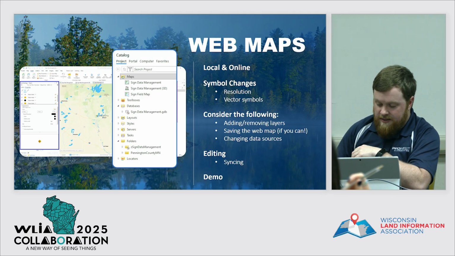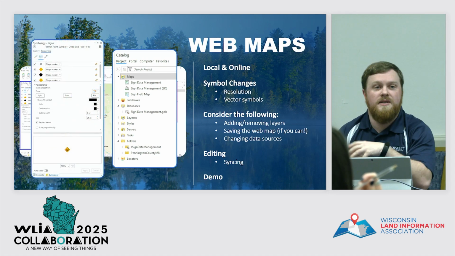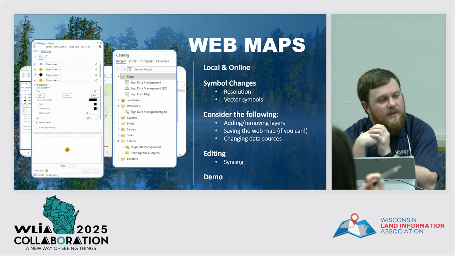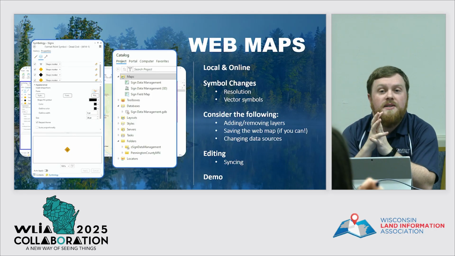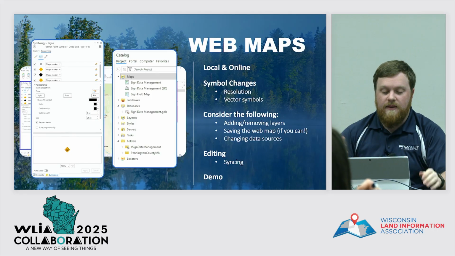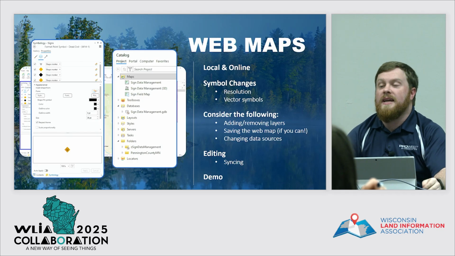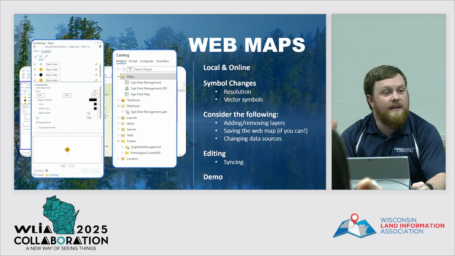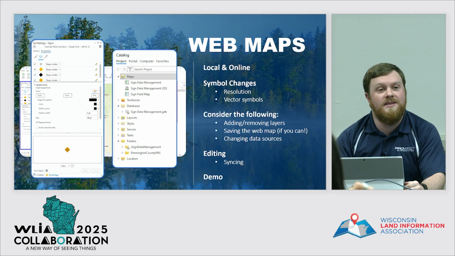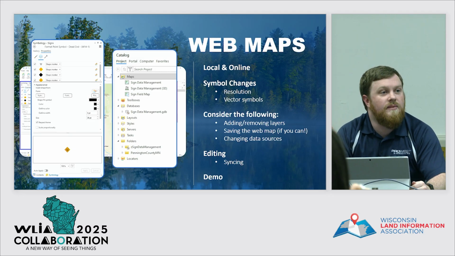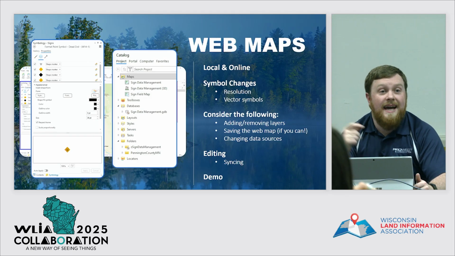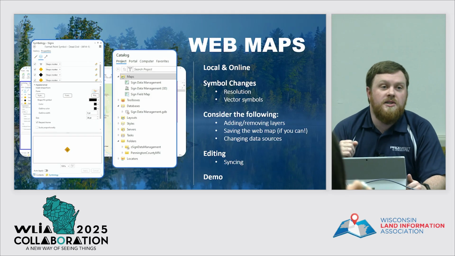Some considerations, and there's those vector symbols, stacking symbols that I referred to earlier. But here are the considerations when we build our web maps, or web maps that we're specifically connecting to inside of ArcGIS Online. Adding and removing layers. Of course, if the map lives in ArcGIS Online and we make a change to it, we start adding and removing layers, making updates, that's going to get reflected in ArcGIS Online.